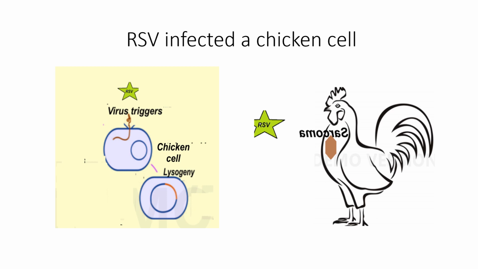Now, if we look at the other part of the story, the virus infects the healthy chicken, and here you have the cell which receives the virus, and the cell decides, in this example, not to produce virions, and it stores this information in its genome, which is called lysogeny.